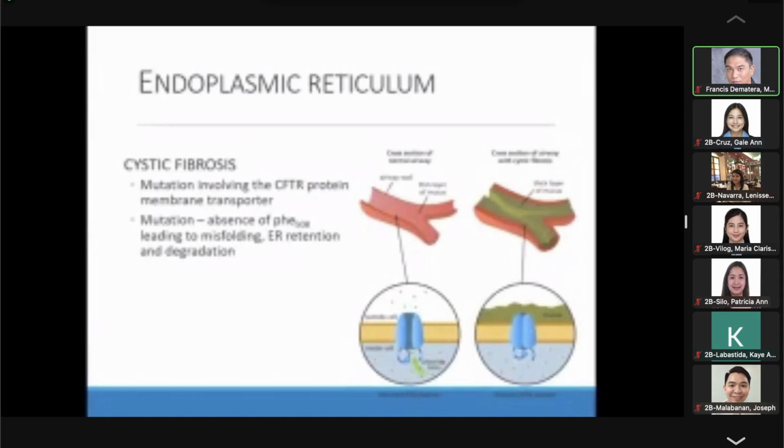In cystic fibrosis, the mutation is the absence of a single amino acid, PHE 508. This leads to misfolding of proteins, ER retention, and degradation. So when this happens, this leads to the production of thick viscous mucus instead.